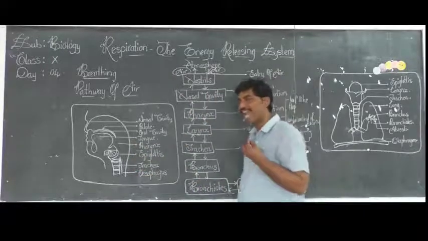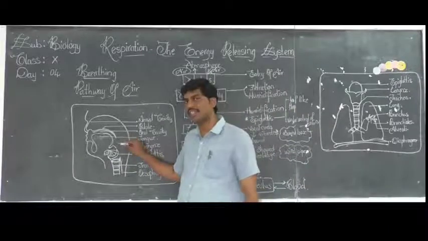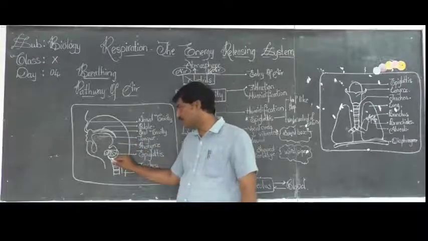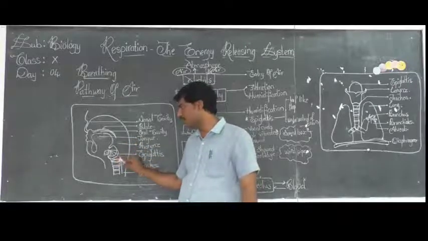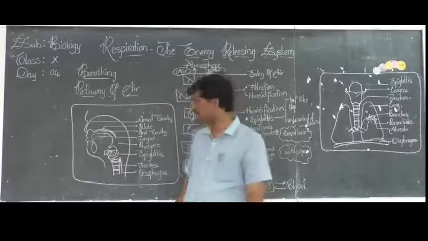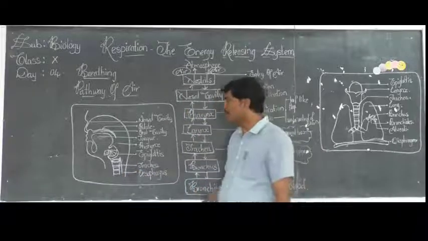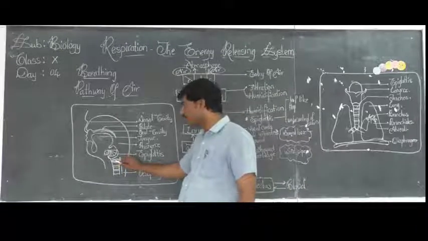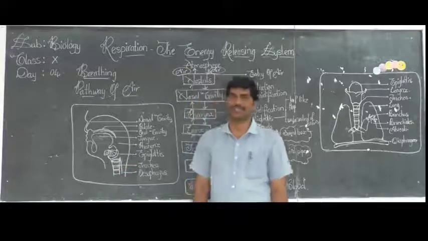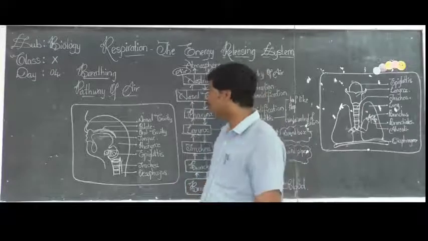When you start eating, start chewing, and during the process of swallowing, the epiglottis is partially closed. You can look at the trachea, as I told you. The opening of the trachea is called the glottis.